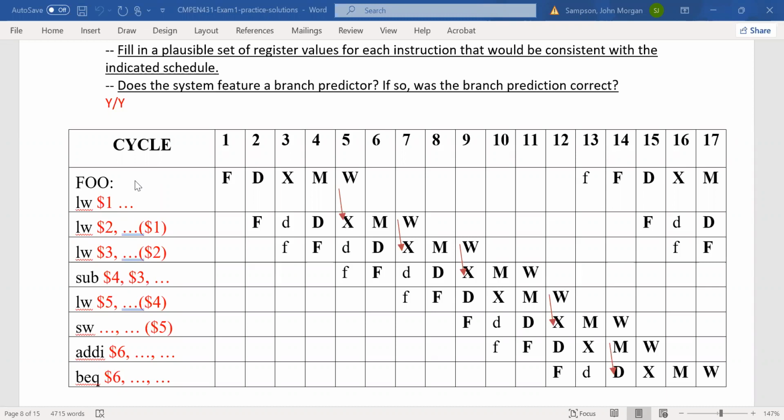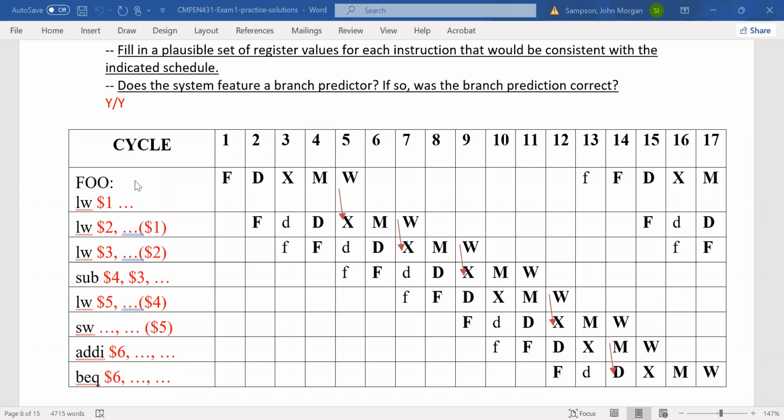I have another load, also going to be dependent. And the only thing it could actually still be waiting for at this time would be this load. It can't be waiting for data from here. That data was already available at the time it was decoding. It wouldn't have stalled.